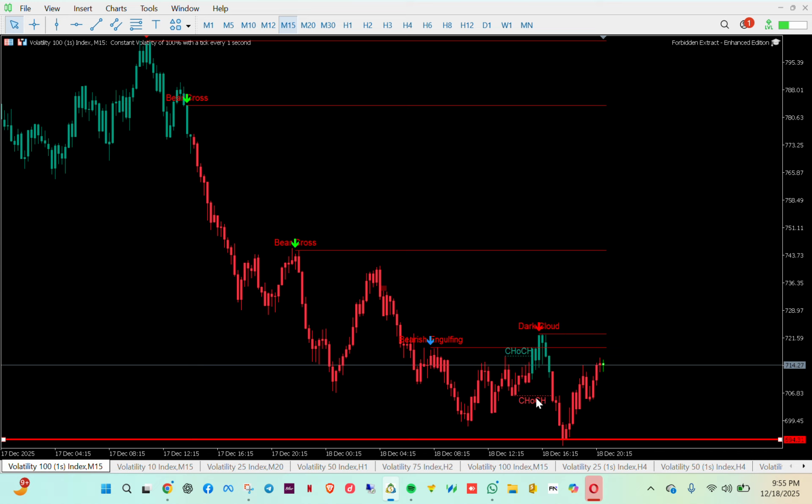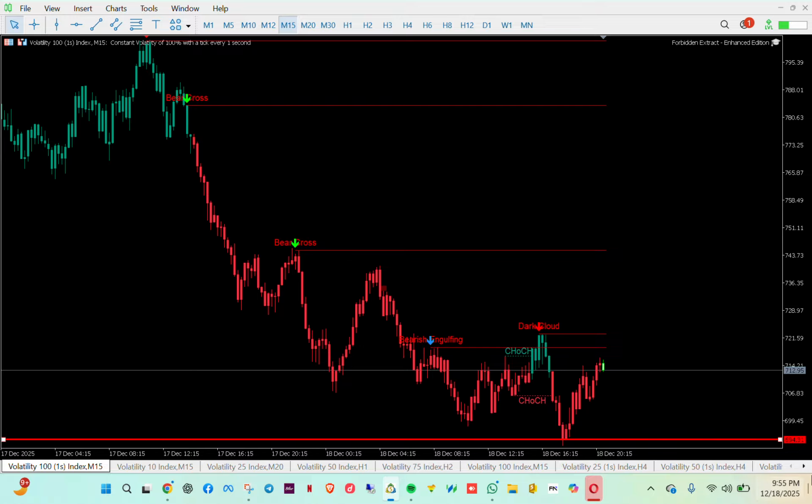Now 15 minutes has broken structure. Now you can just wait for the market to come to a zone, a supply zone, then sell from there. The higher time frame 4 hours and the 15 minutes time frame are both aligning, confirming a sell.